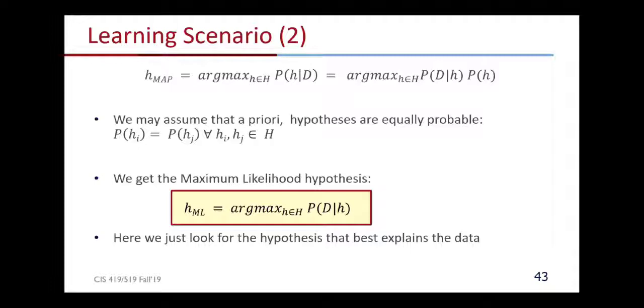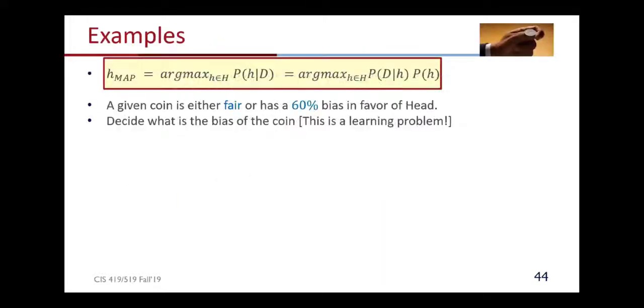The first thing that we did last time is this example of choosing a coin. We assume that we have a coin and 2 possible hypotheses: either it's a fair coin or it has a 60% bias in favor of heads. We showed that by observing data, in the case of 1 coin toss, we can distinguish these.